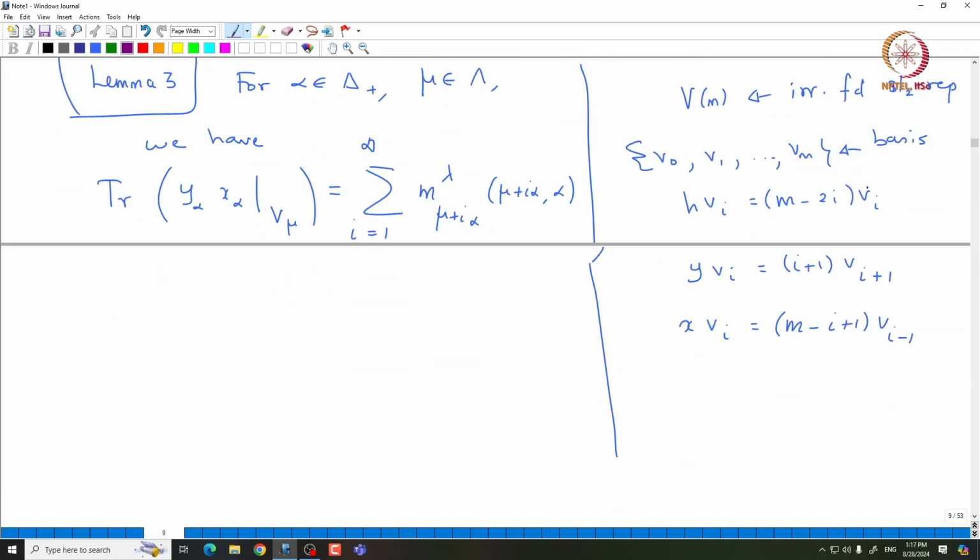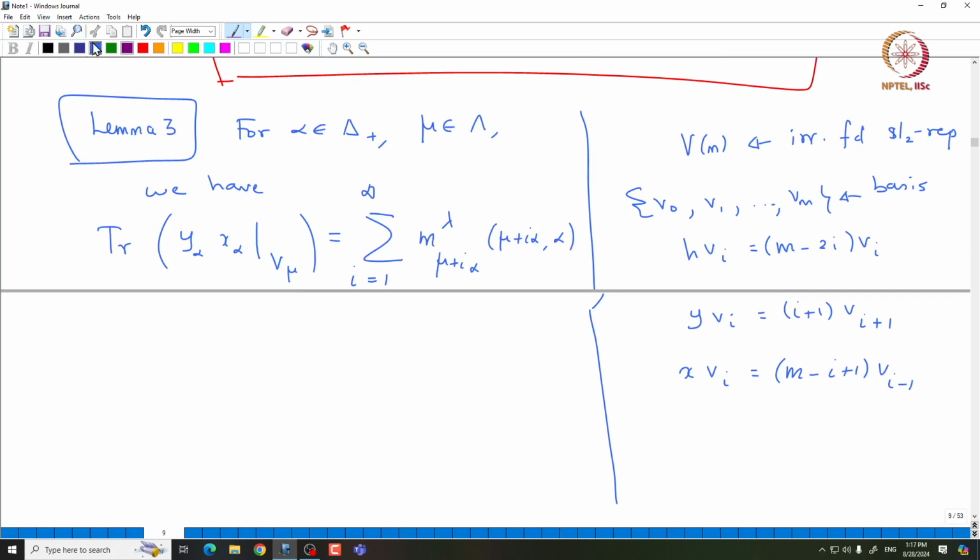How can one actually prove this? For this purpose, first we need to construct some SL2 subrepresentation. You can see that the weights run through mu plus i alpha, i ranging from 1 to infinity.